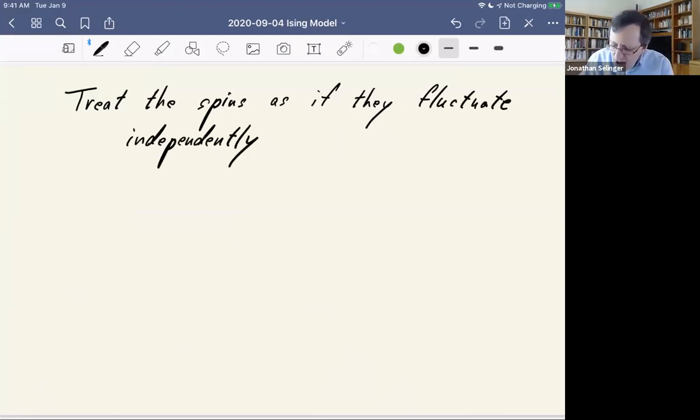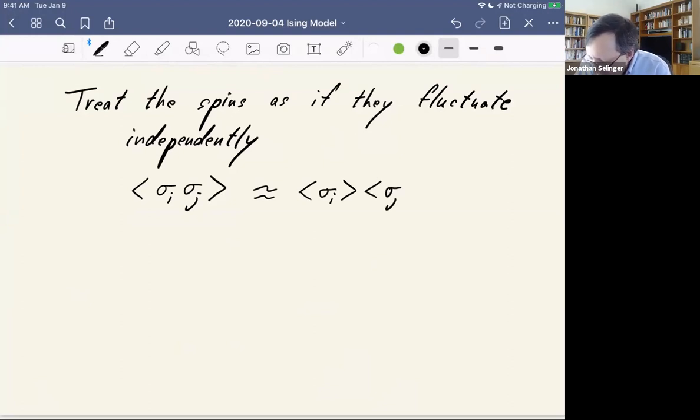Okay. So that means that when we get to an object like sigma I, sigma j, and we want the average of that, we will approximate that as if it's just the product, the average of sigma I times the average of sigma j.